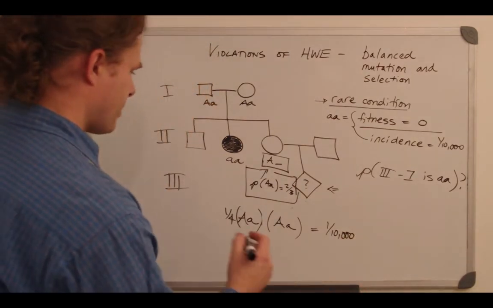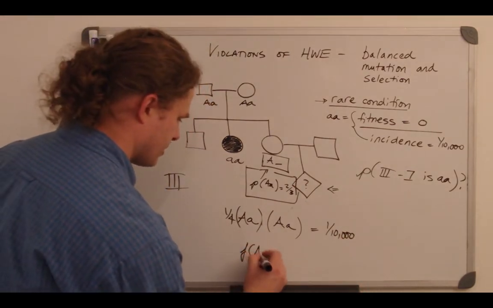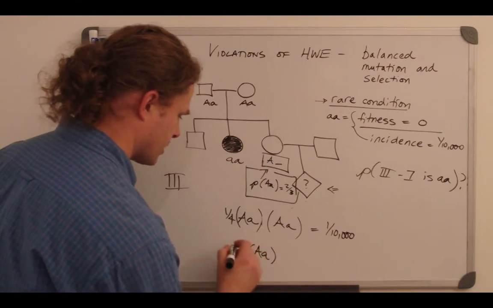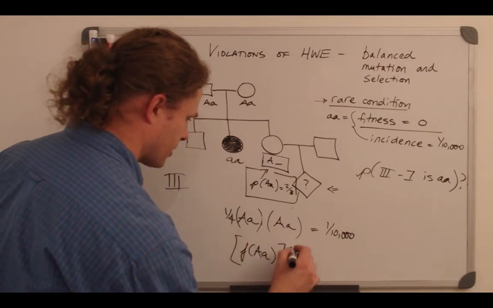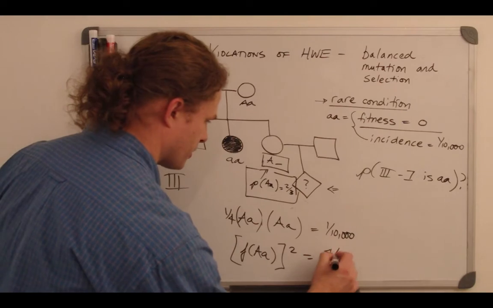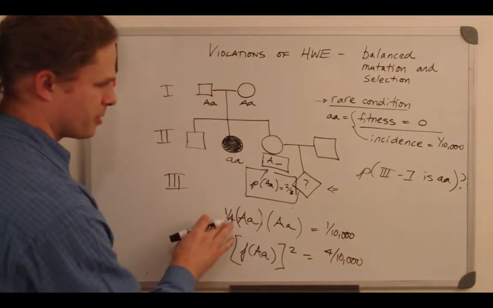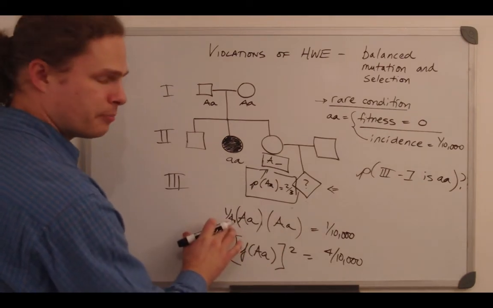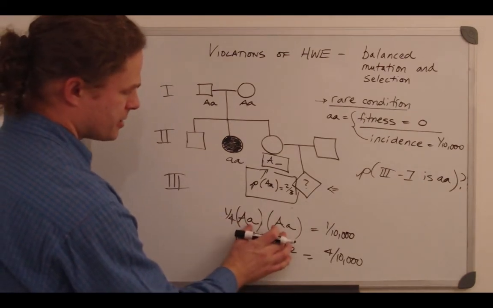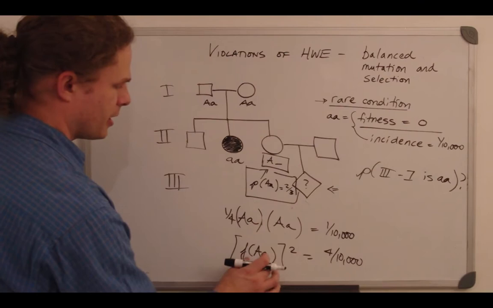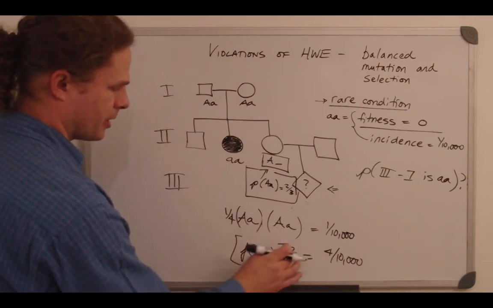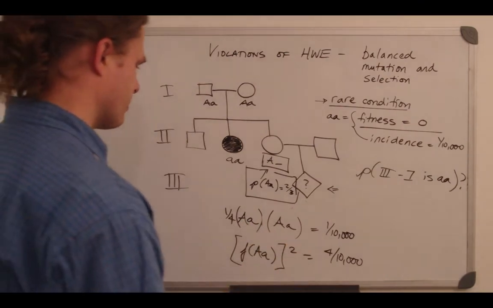What that means is the frequency of being a heterozygote all squared is equal to 4 out of 10,000. Now we're just using algebra, and I've simply multiplied both sides by 4, and I've expressed this as the frequency of the heterozygous class, and because they're multiplied with each other, that's where that square comes from.